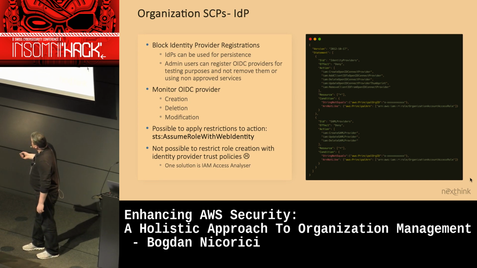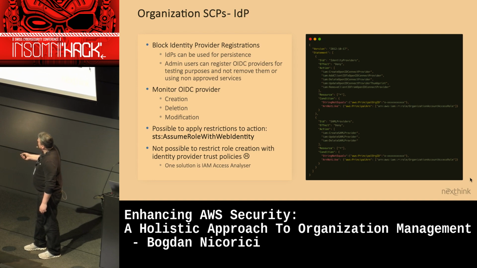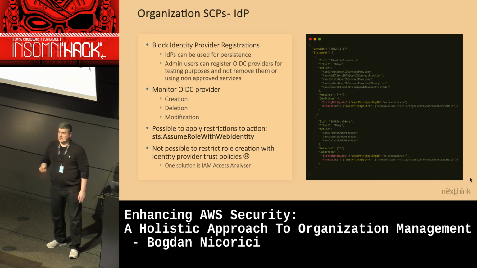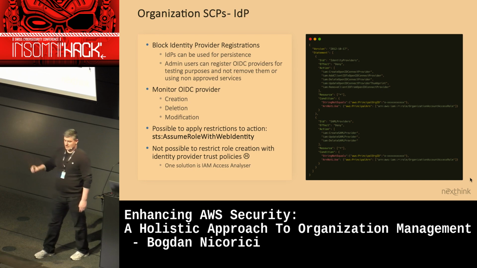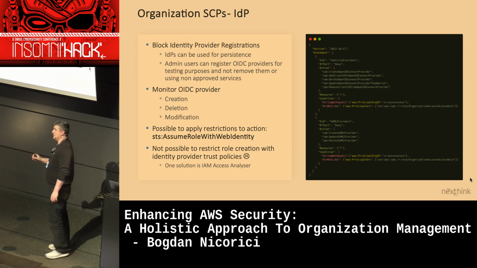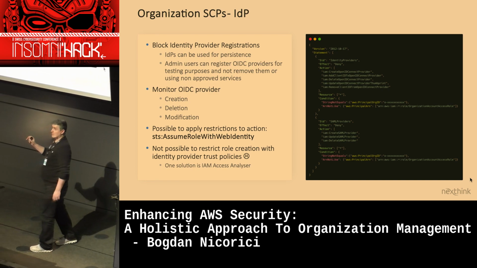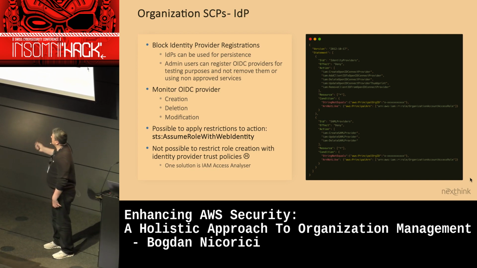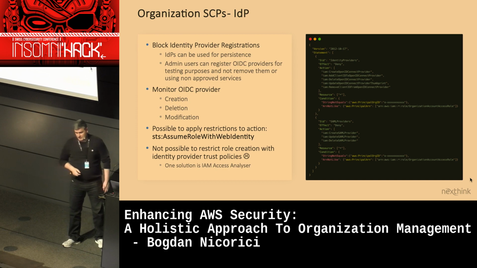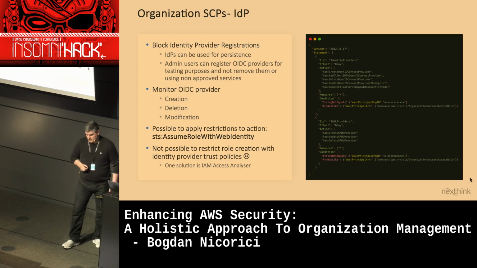You also have the possibility to create some SCP where you can put conditions on this specific action. This specific action is always used when someone assumes a role that trusts a specific identity provider. I encourage you to go tomorrow to Christoph's talk, Christoph Tafani the Reaper. He will discuss identity providers a bit more, and you'll have more detail on that.